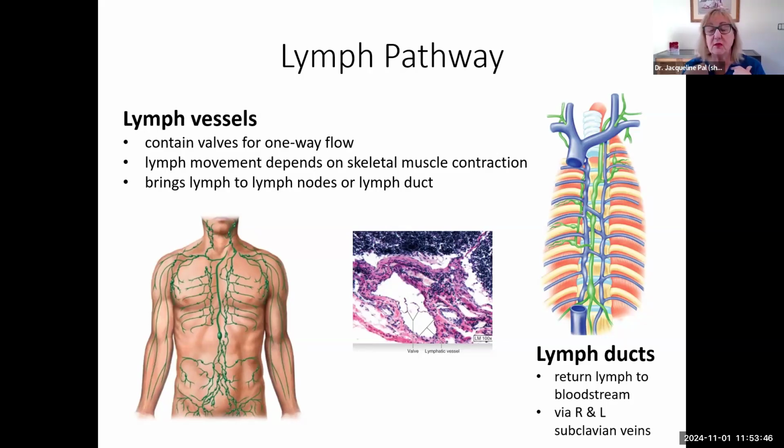Okay, so you don't have to remember the subclavian veins because it's not bolded, but you need to know the lymph ducts are way up here on your collarbone. So it's like the last blood vessels, because the heart would be right here where these two blood vessels are cut off. That's where the heart would sit, between those two blood vessels.